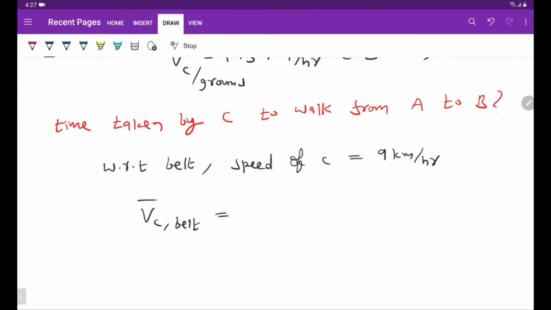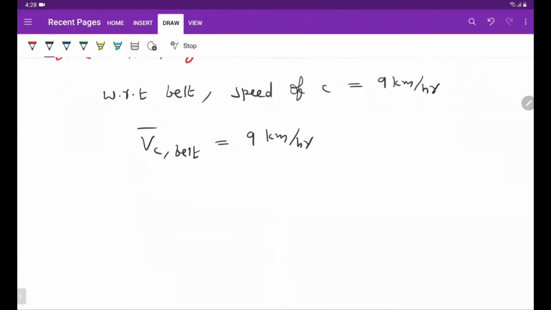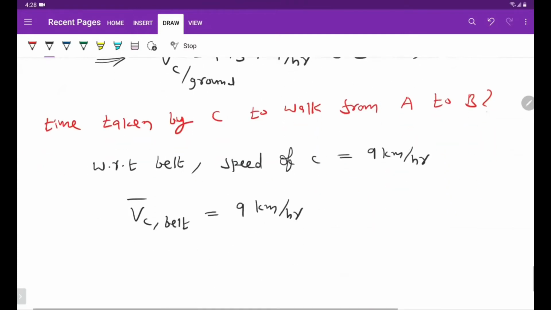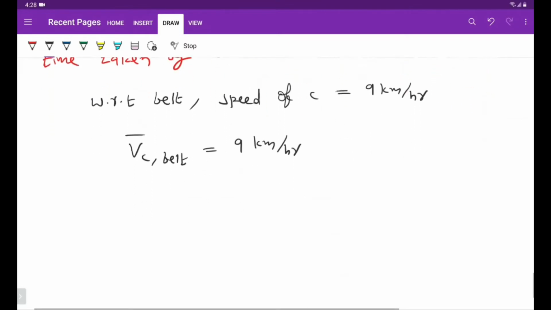So 9 km per hour. With respect to the ground observer, the speed of C is 13. Just now we calculated that with respect to the ground observer, the speed of C is 13, but with respect to belt, the speed of C is 9 km per hour.